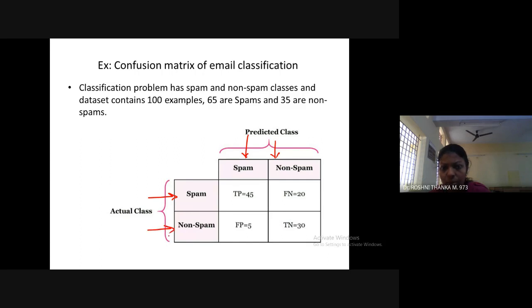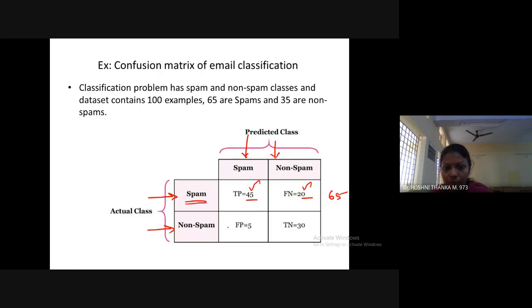So these two rows give the actual values. What is the actual value for spam? There are 45 plus 20, that is 65 spam mails. Out of the 65 spam mails, 45 are correctly classified as spam and 20 are incorrectly classified as non-spam. So that is for the actual spam.